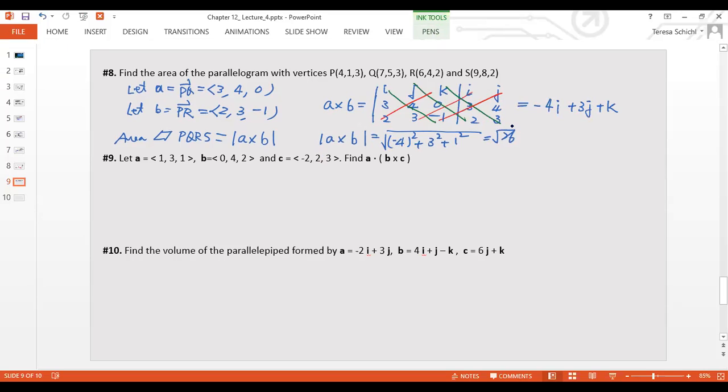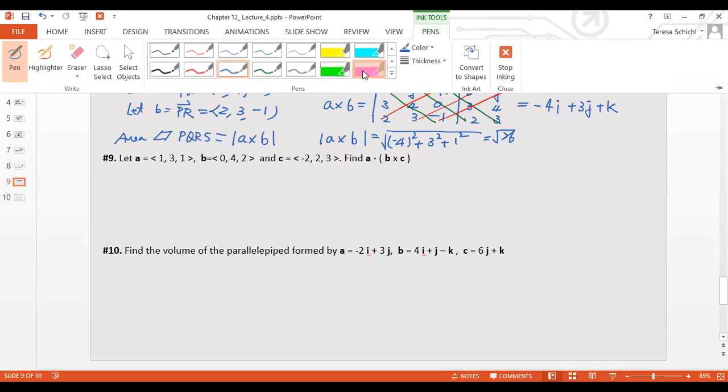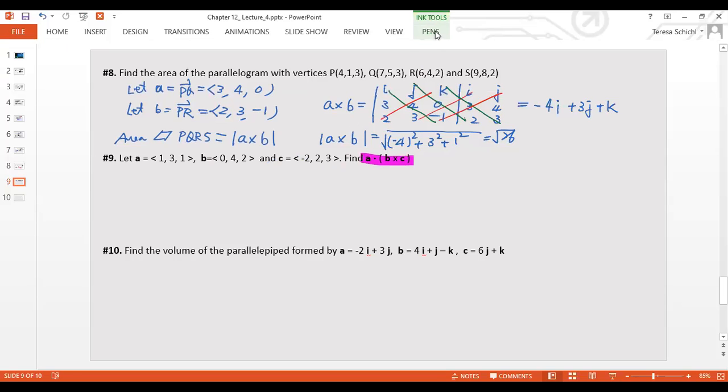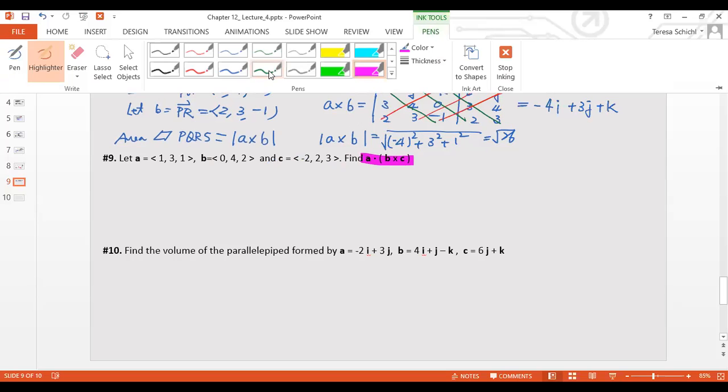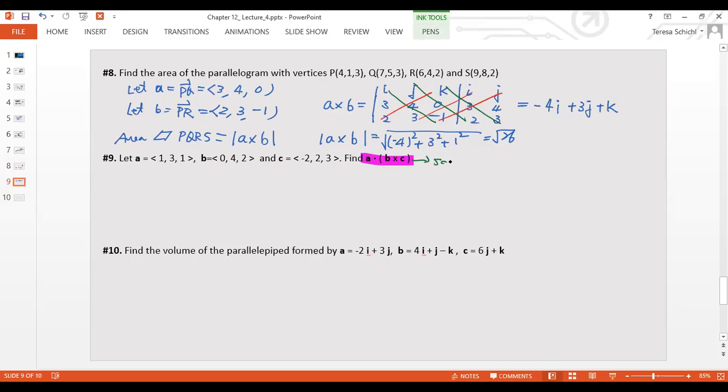Okay, so now number 9. They say A is 1, 3, 1, B is 0, 4, 2, C is negative 2, 2, 3. I want to find A dot B cross C. This is what we call a scalar triple product.